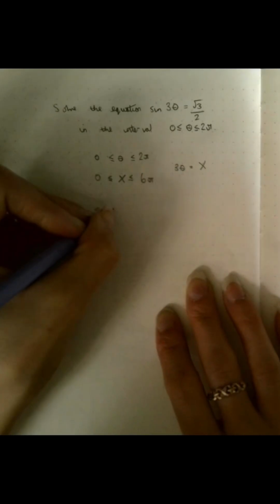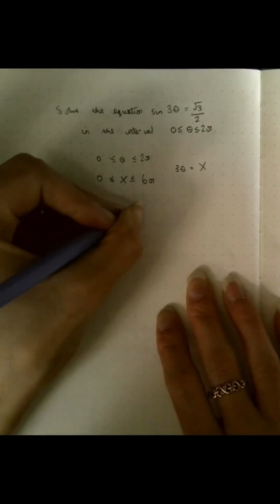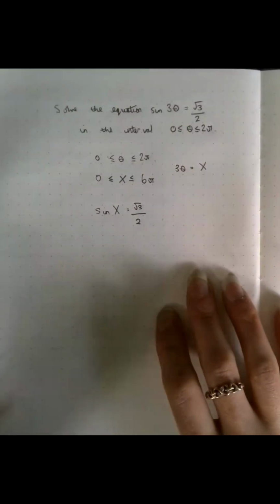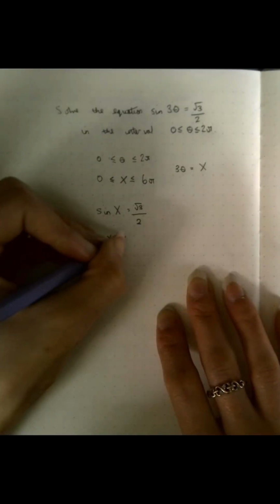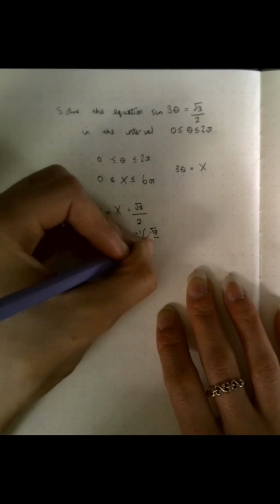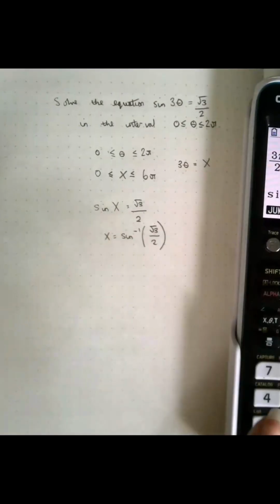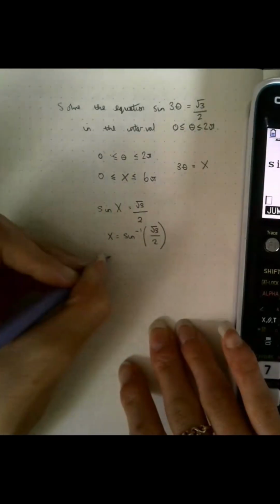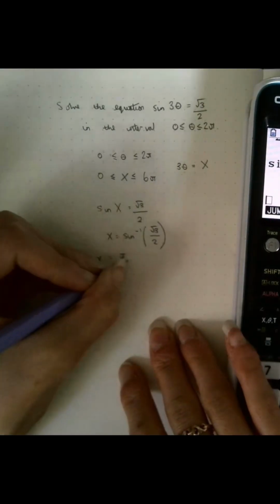So let's say that sine of big X is root 3 over 2. Let's find what X is going to be by doing the inverse of that. So the inverse sine of root 3 over 2: X is equal to pi over 3.